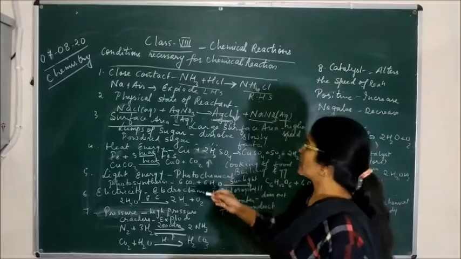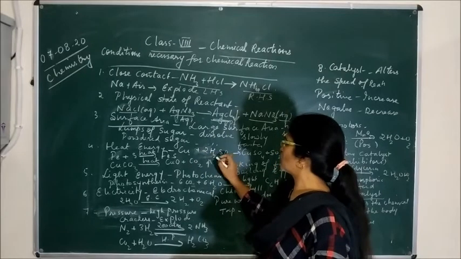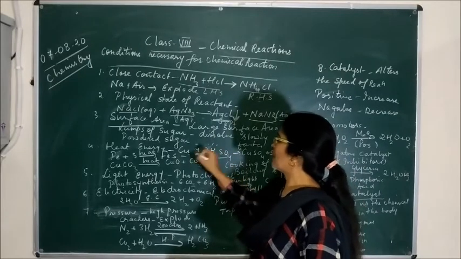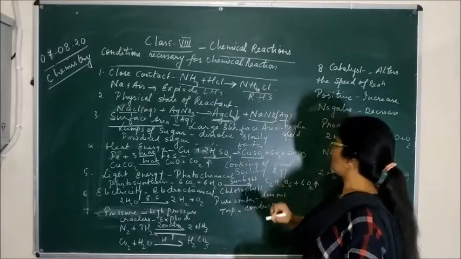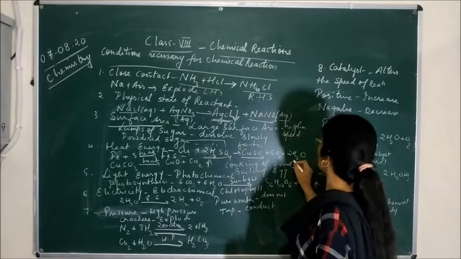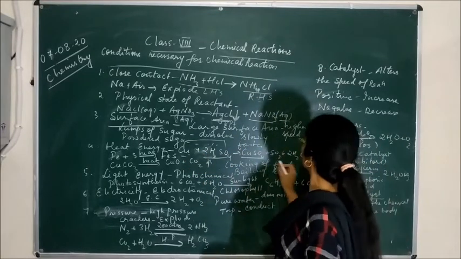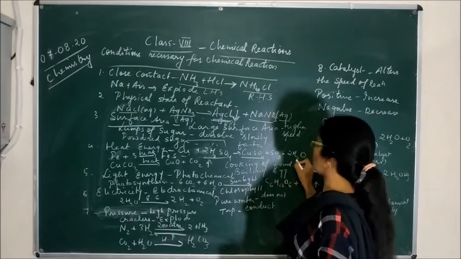Like copper plus sulfuric acid, Cu plus 2H2SO4, when they combine together, what happens? It forms copper sulfate, CuSO4. This copper will combine with sulfate, and hydrogen will combine with the oxygen, sulfur dioxide gas will be formed, and water will be formed.